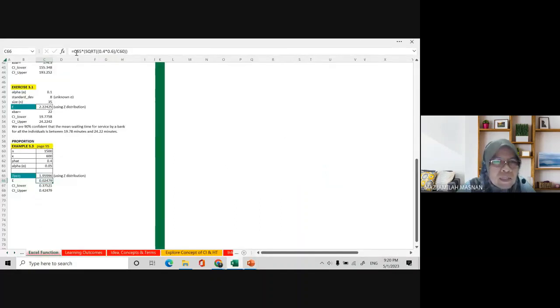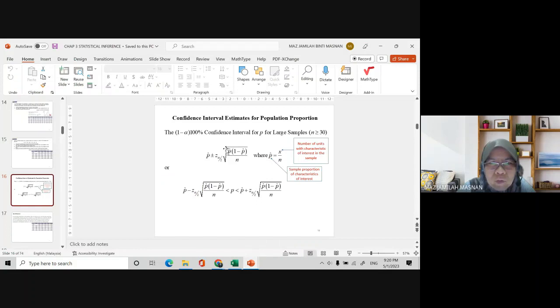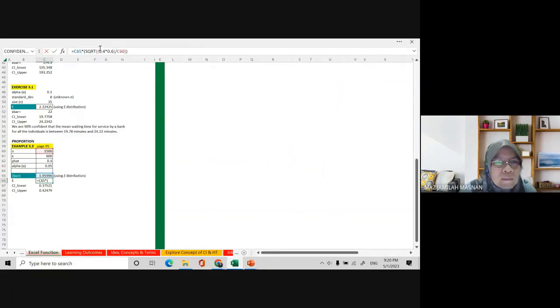I multiply the Z alpha over 2, the blue one, with the square root of these things that I wrote just now. Since it involves multiplication and division, put the bracket correctly. So that's why, double check.